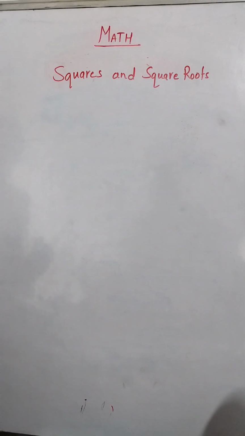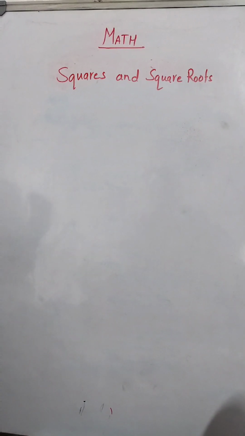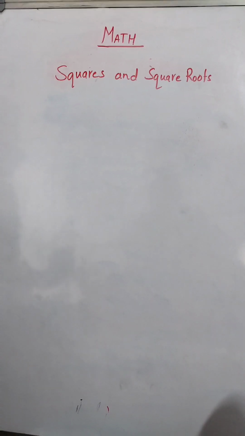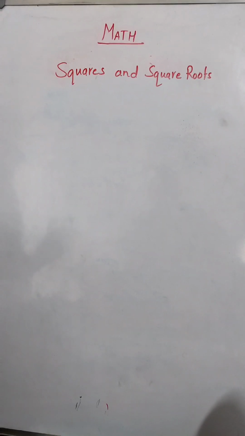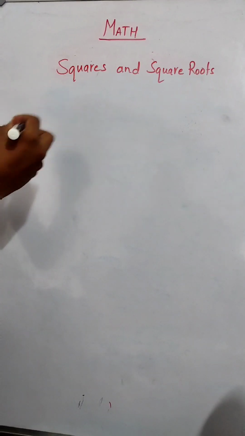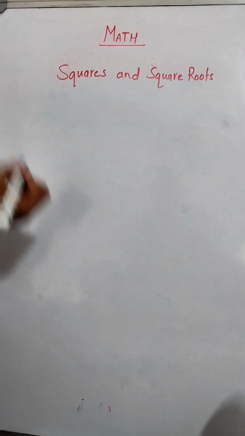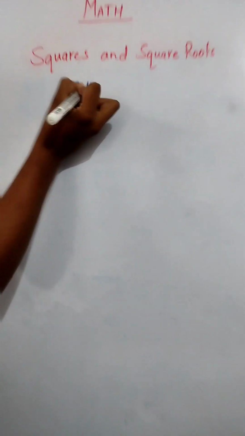So let's now understand what the formula is to find the number of non-square numbers in between two consecutive square numbers. Let's take the two consecutive numbers to be 3 and 4.